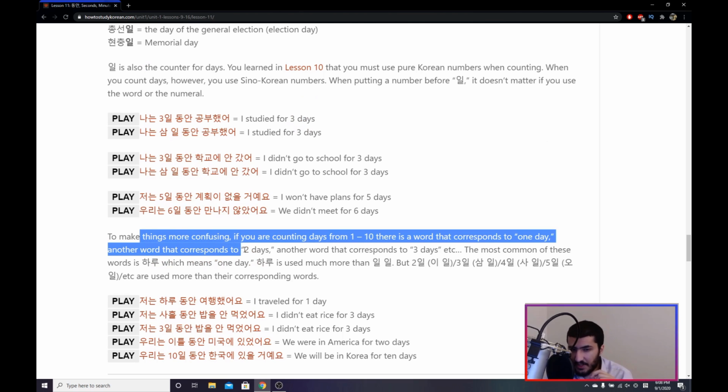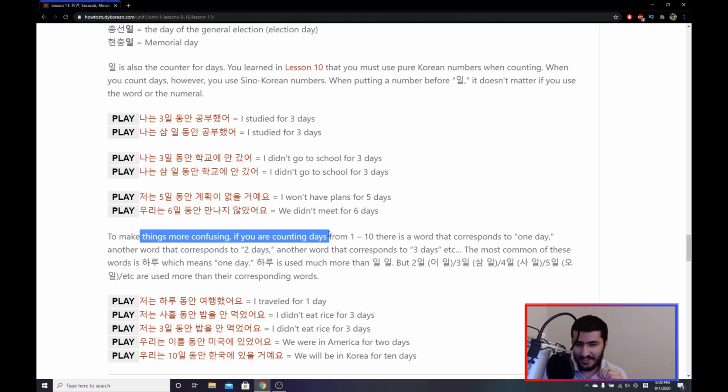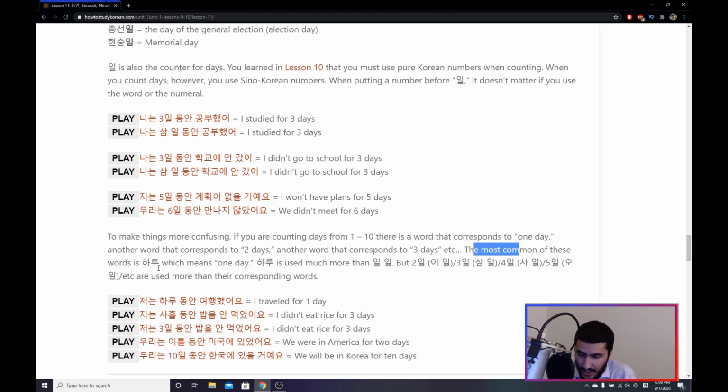To make things more confusing, if you're counting days from 1 to 10, there are words that correspond to 1 day, 2 day, 3 day. The most common of these is 하루. So 하루 means 1 day. It's much more commonly used than 일일. I don't think I've ever heard 일일. No, I'm a liar, I've heard it before. But 2일, 3일, 4일 are much more common.